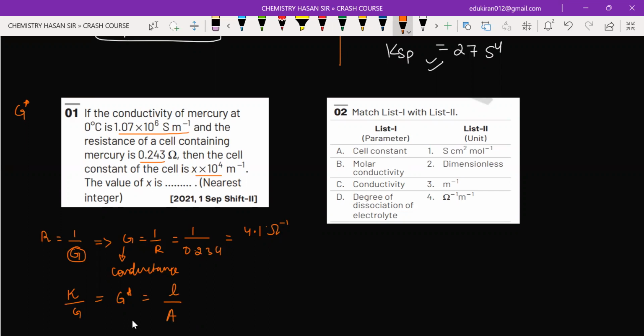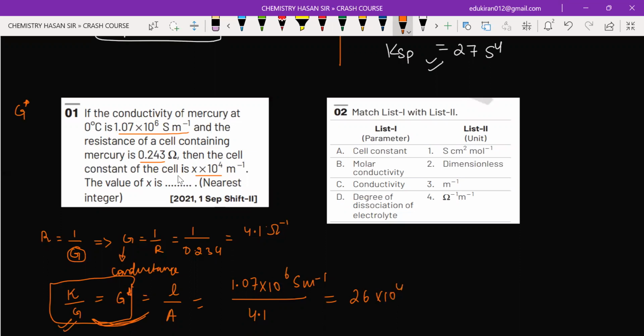So I'm going to equate these two equations and you will get your answer. Kappa is given as 1.07 into 10 raised to the power 6 Siemens per meter, and we just calculated the value of conductance, which is 4.1. So you will get 26 into 10 raised to the power 4. So here the x is 26.